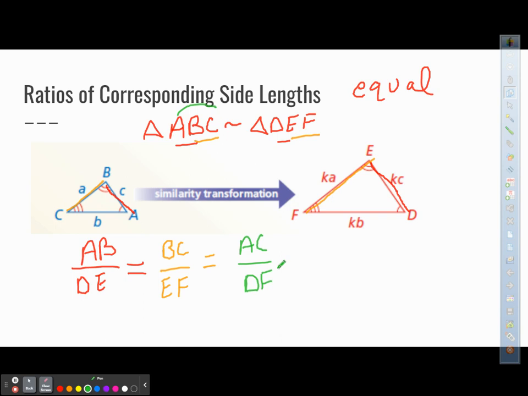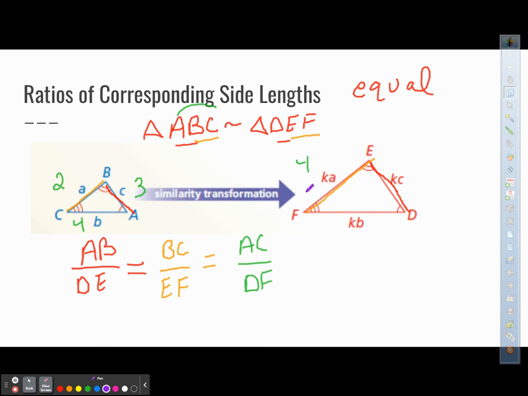So the ratios give you the scale factor. Okay, make sure we're awake. So what that means is, let's say that BC is 2, BA is 3, and CA is 4. And let's say that EF was 4. Double.